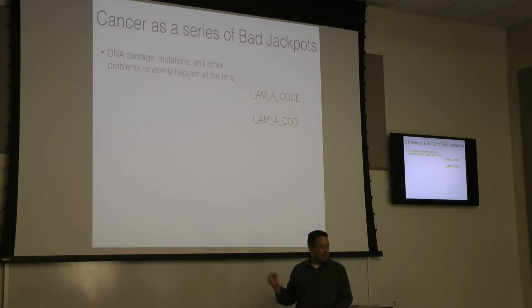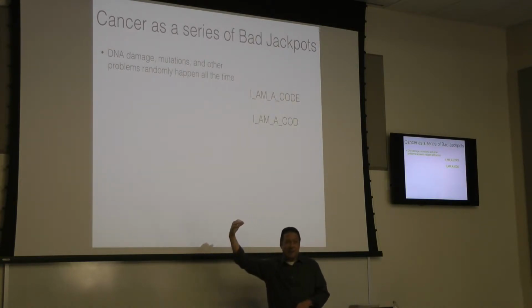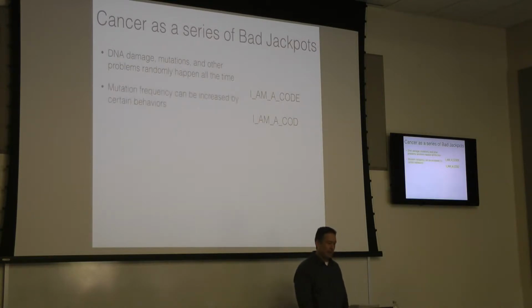This is the randomness. There's this background chance you might get a bad jackpot, but luckily for you, there are other things looking for problems and fixing them. But then those things could break. So then you get 2 bad jackpots, and if you get the wrong sequence of bad jackpots, your cell goes into self-replicate mode, and then you've got cancer.